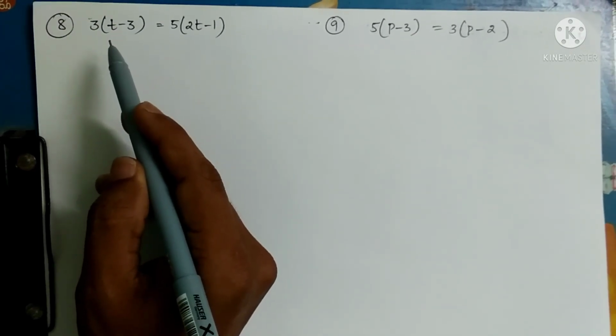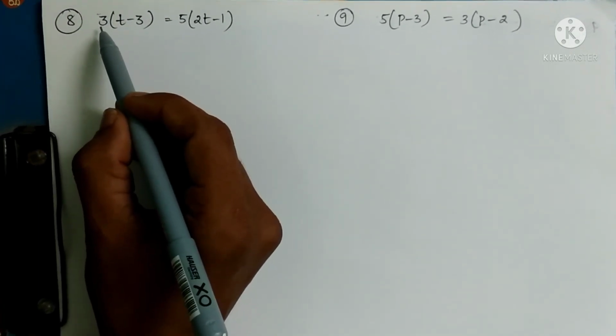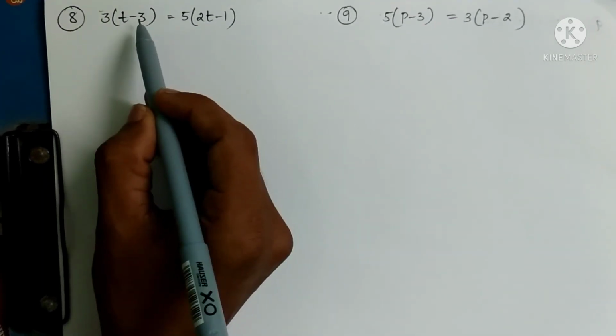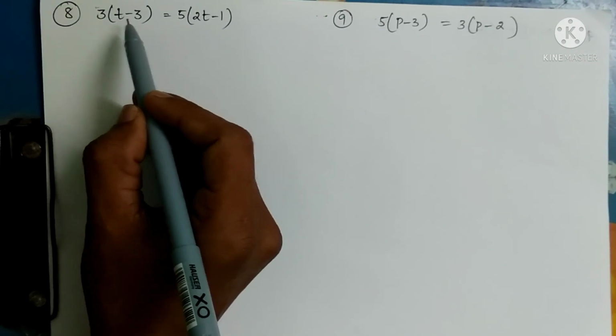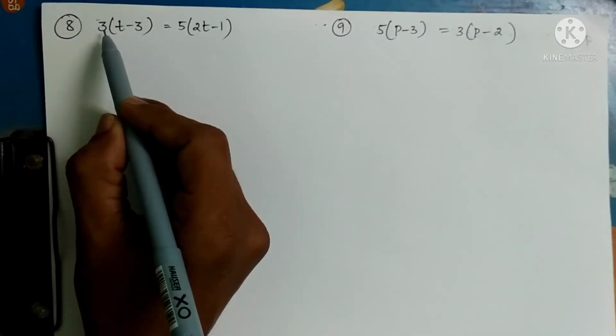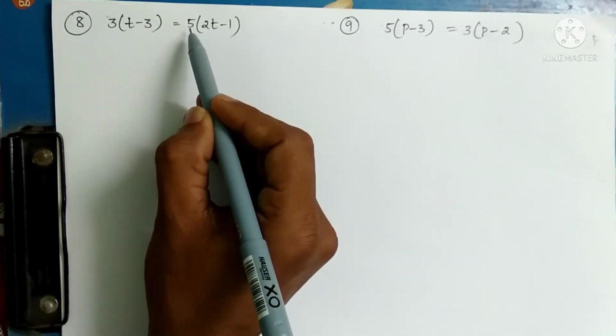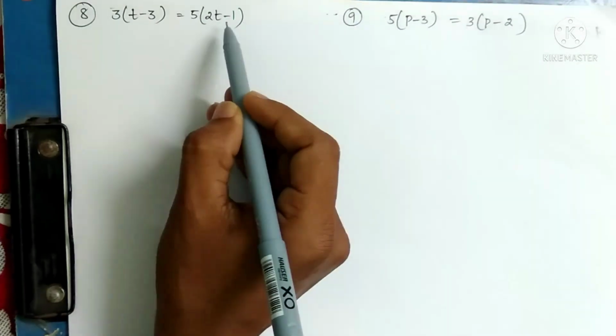Now you can see question number 8, 3 into t minus 3. Here we are multiplying the 3 with a binomial. t minus 3 is nothing but 2 terms, so we have to multiply these 2 terms with the 3, which is equal to, again, 5 is multiplied with the 2 terms, 2t minus 1.